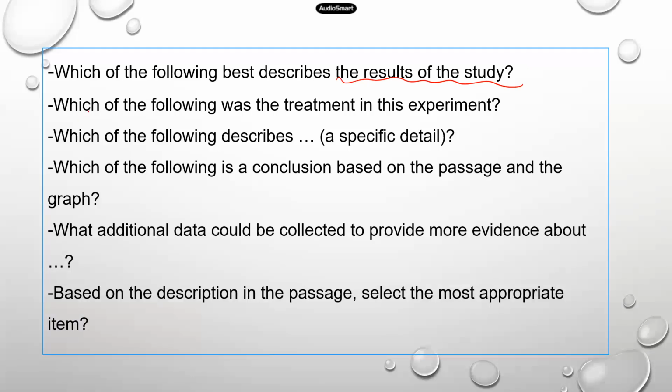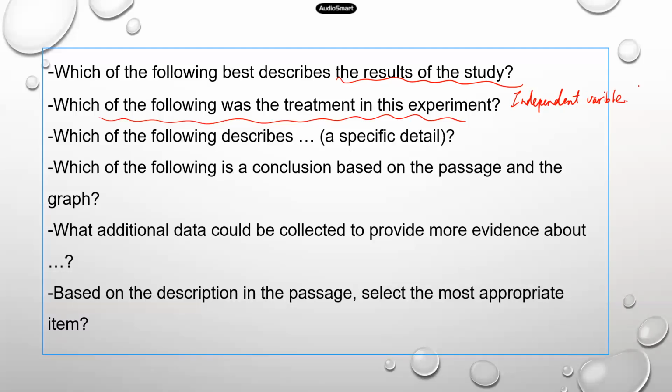Next, which of the following was the treatment in this experiment? In the science section, we talked about independent variables and dependent variables, and the independent variable is going to be what the treatment is, right? So let me write it down here: independent variable usually indicates the treatment.